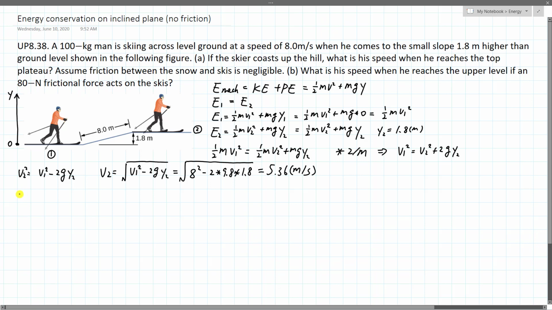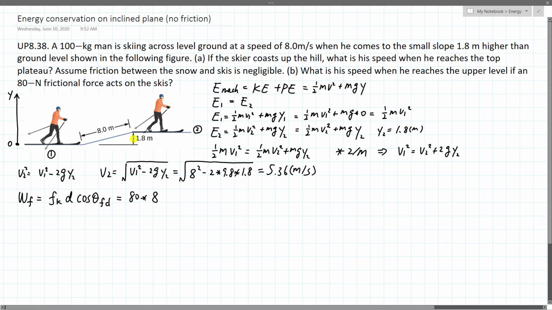So let's say work done by friction. So work done by friction is frictional force times displacement times cosine of the angle between the force and displacement. We know the force is 80 newtons and displacement along the inclined plane is 8.